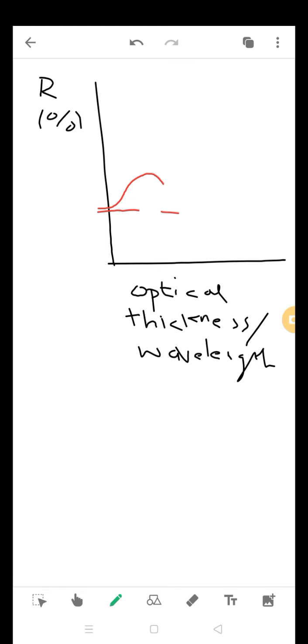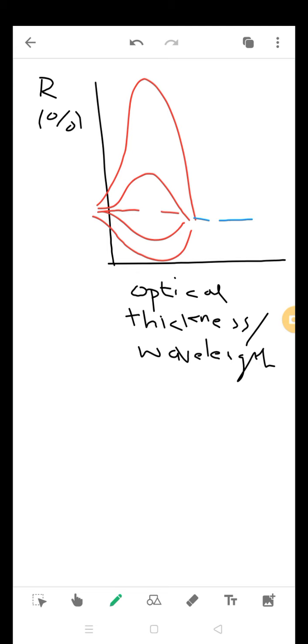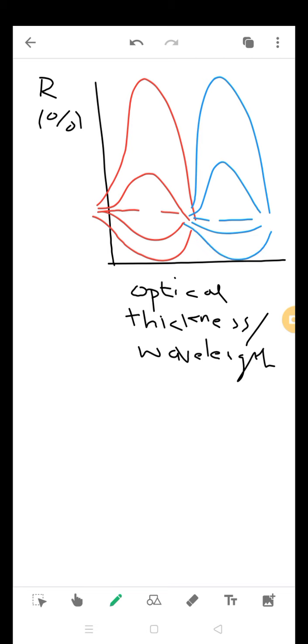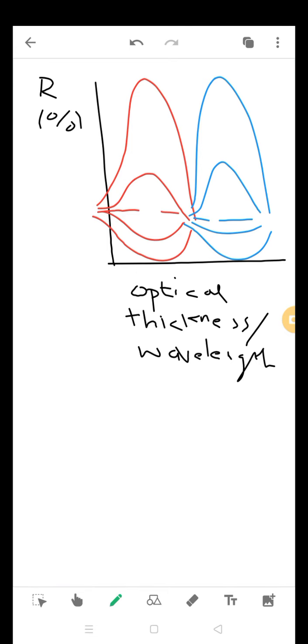Whereas for a coated material you get a plot like this. Okay, so this is your uncoated.